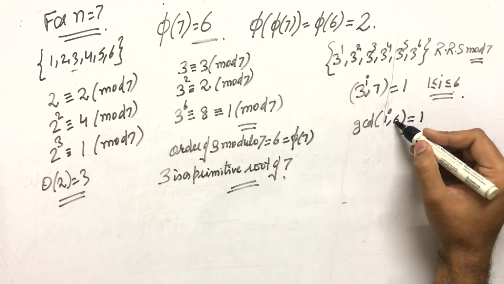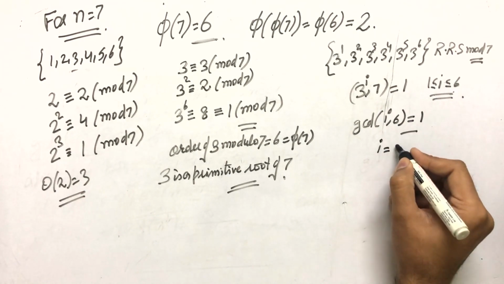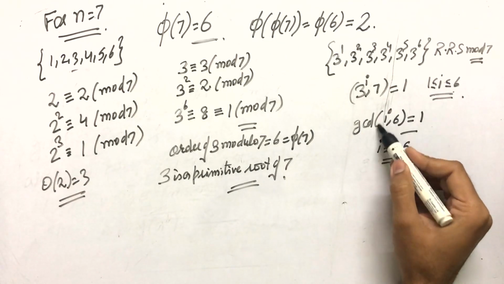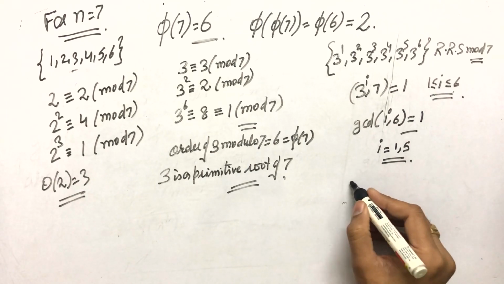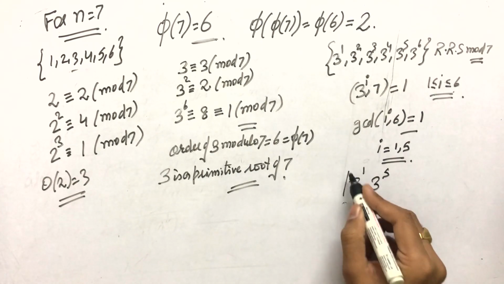So what are the possibilities for i? i may be 1 and 5. Only two numbers are relatively prime to 6 here. Hence, the primitive roots are 3 power 1 and 3 power 5.